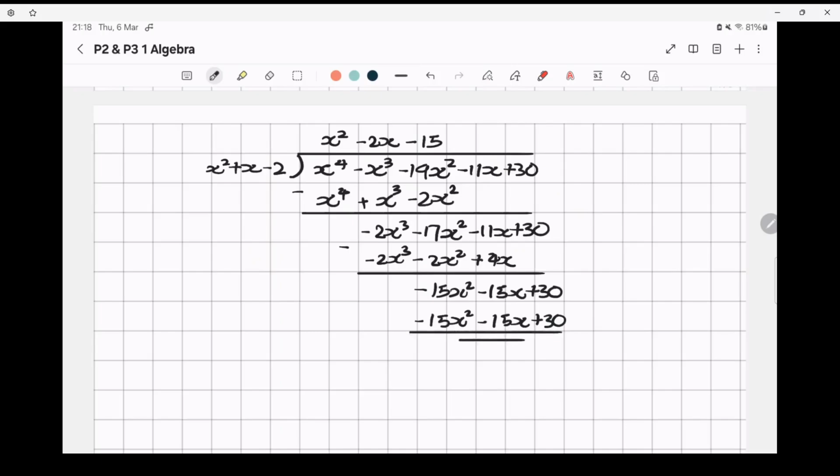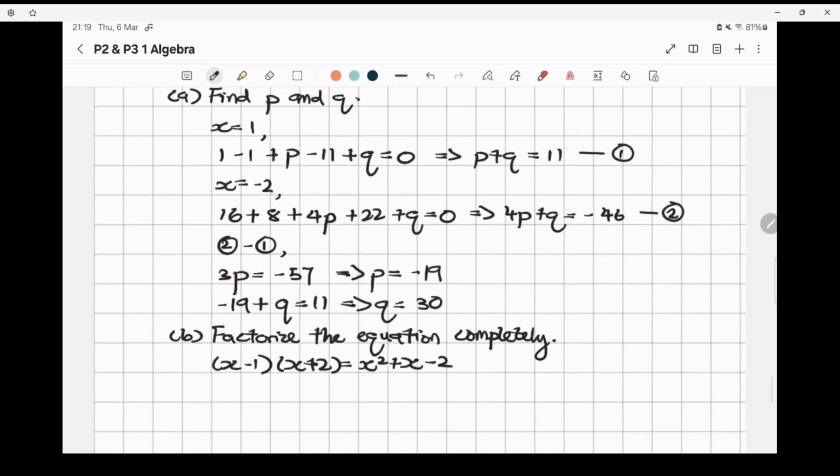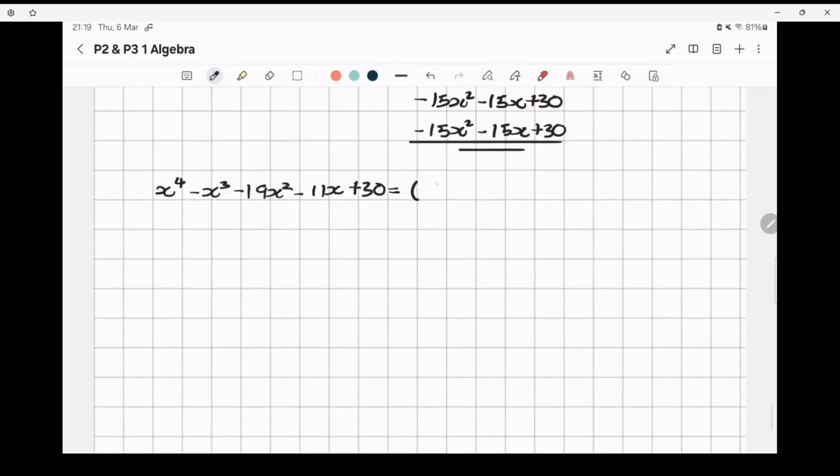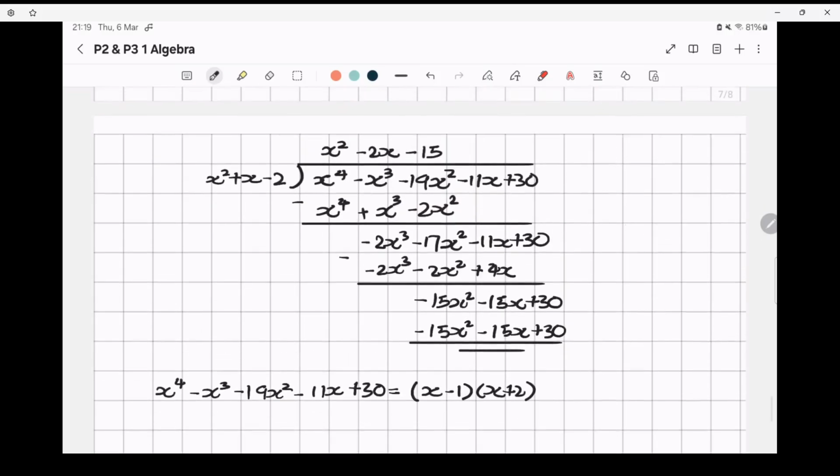There's no remainder. So now you know that your whole equation can be factorized into x minus 1, x plus 2. So the other two you can find out immediately.